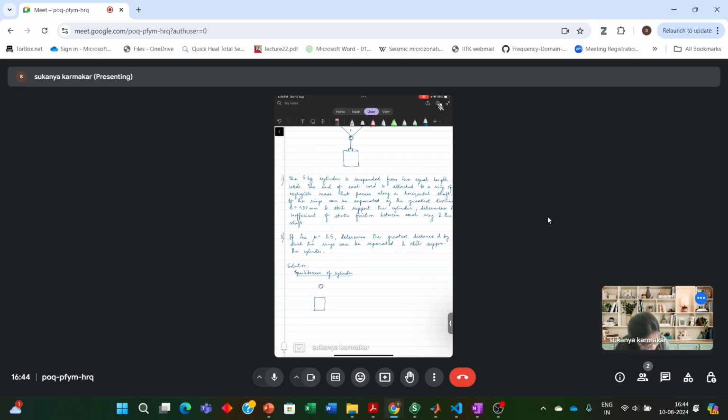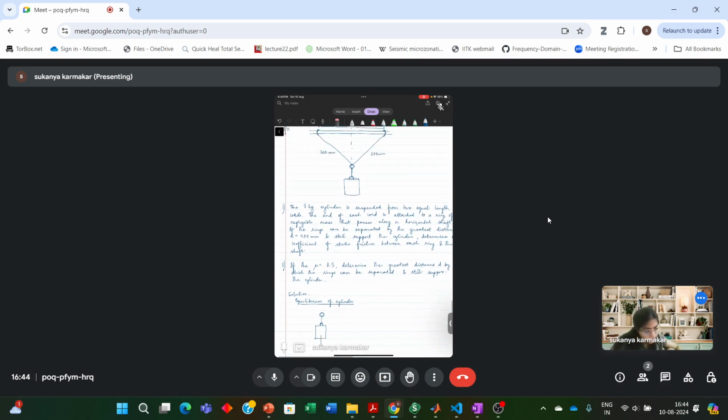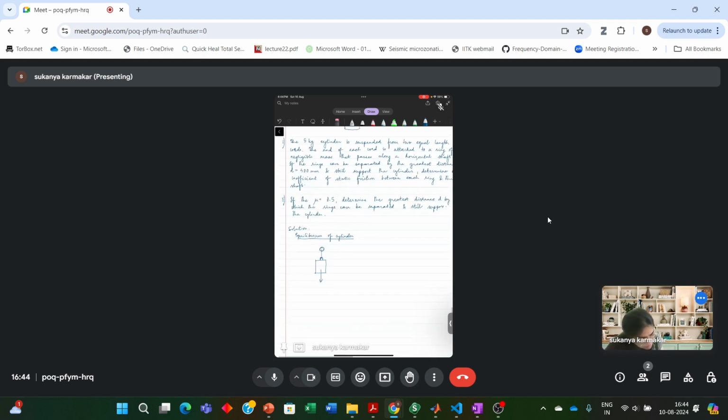The weight of the cylinder is 5 kg, so this is 5 into 9.81 newtons acting in this direction. And you have a tension force T here, and a tension force T here.